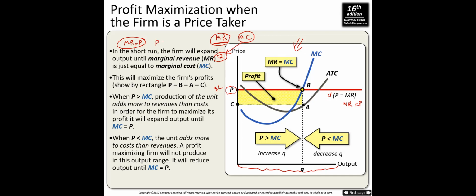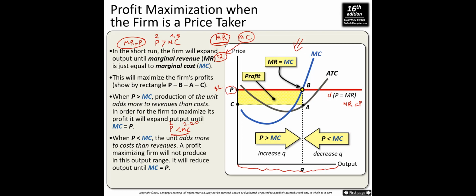If price is greater than marginal cost, let's say this is $2 and this is $1.80, then you are making a net gain from selling that additional rice, which is 20 cents. You are adding to your profit. You should continue to increase production at that point. If, on the other hand, price is less than marginal cost, let's say price is $2 but marginal cost is $2.20, by producing and selling this rice you are making a 20 cents loss.